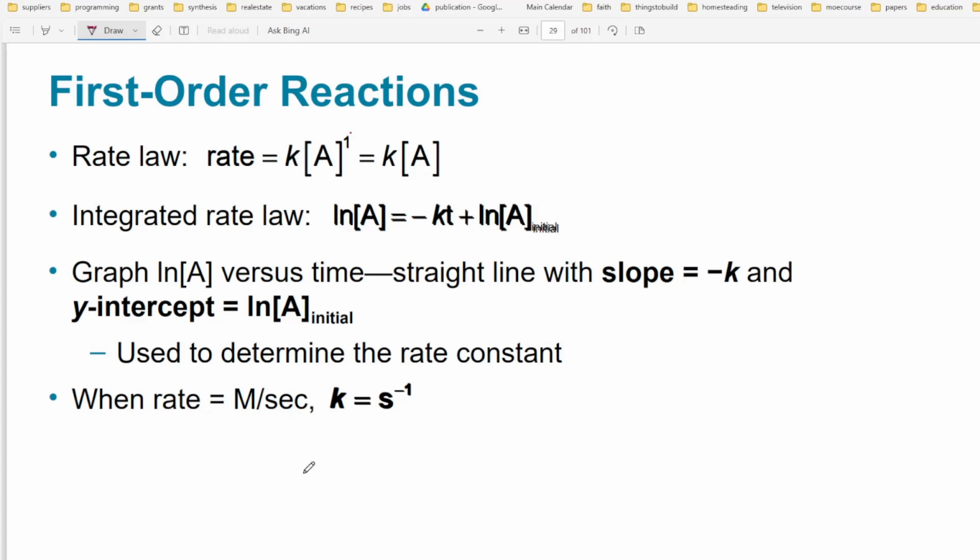If the rate is in molar per second, our k will have units of inverse seconds.